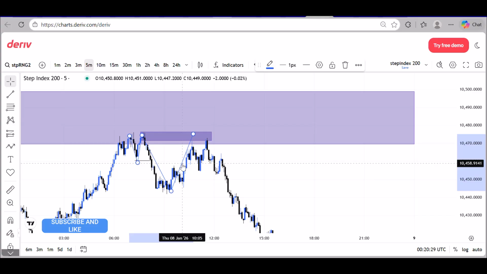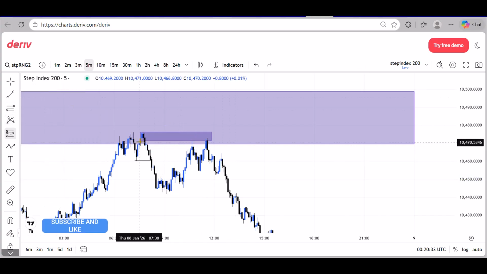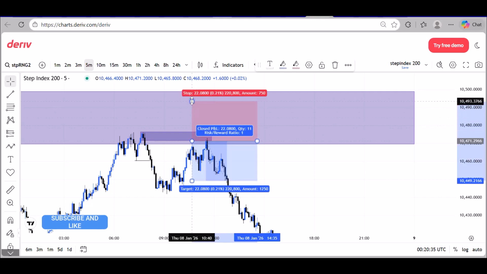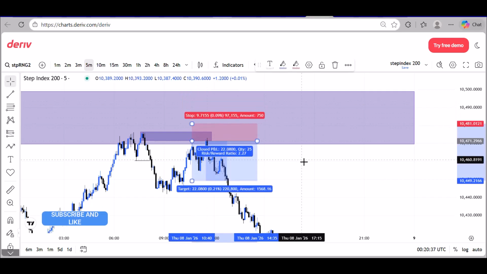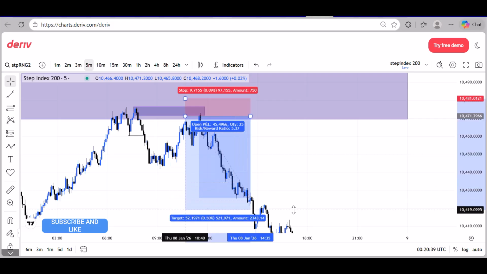So this would have been our short entry here at this zone, and this would have been our stop loss right above this zone, and then that would have been that.